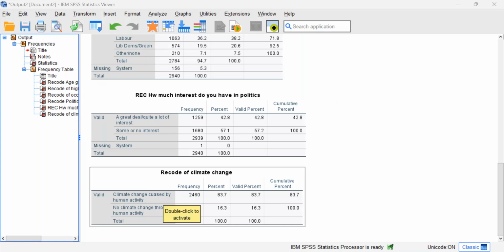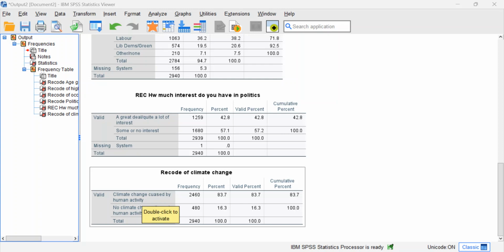What I'm distinguishing is I've coded those first two groups together, so I'm distinguishing between those people who believe that climate change is happening due to human activity against those who don't believe that it's happening due to human activity, either because they don't believe climate change is happening or because they think that if climate change is happening, it's not caused by human activity.